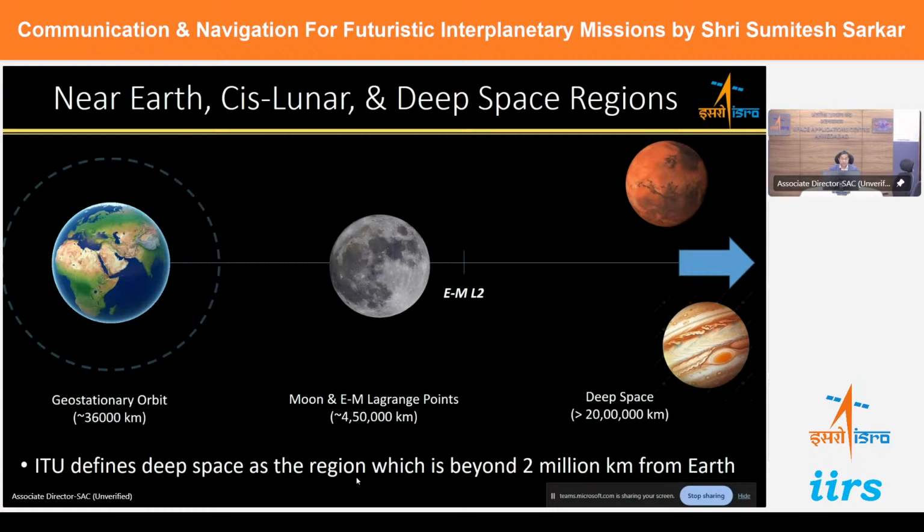It is a global agency. They have defined deep space as a region which is beyond 2 million kilometers from the Earth. 2 million kilometers. Just remember the value, how large it is and how far it is. That is called deep space.